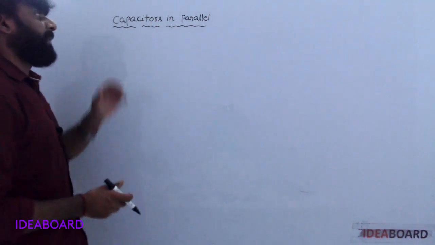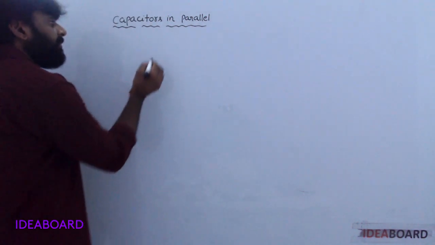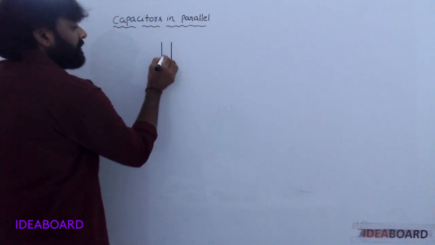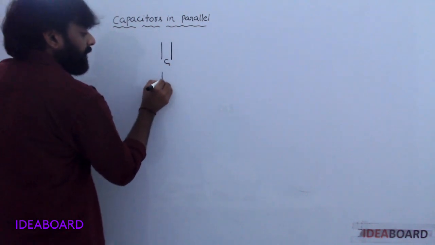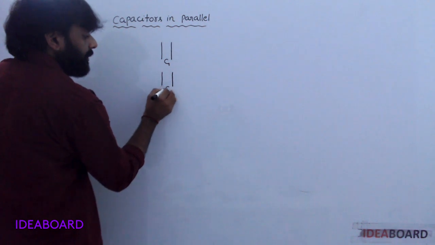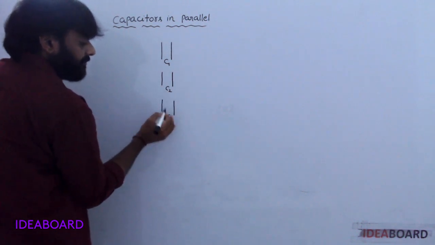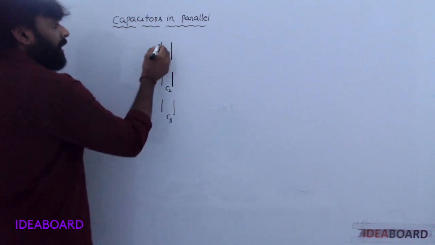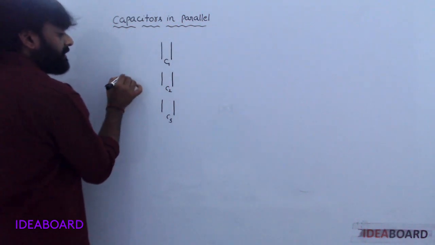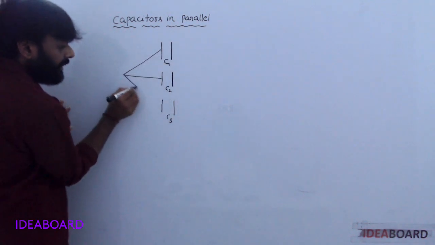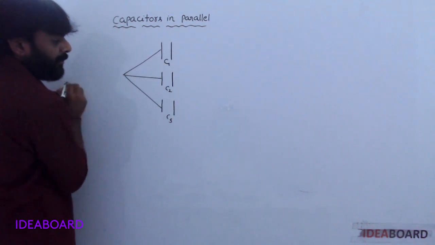So next one, capacitors in parallel. See here, first capacitor C1, second capacitor C2, and third capacitor C3. Understood? Now one side plates are connected at a common point.